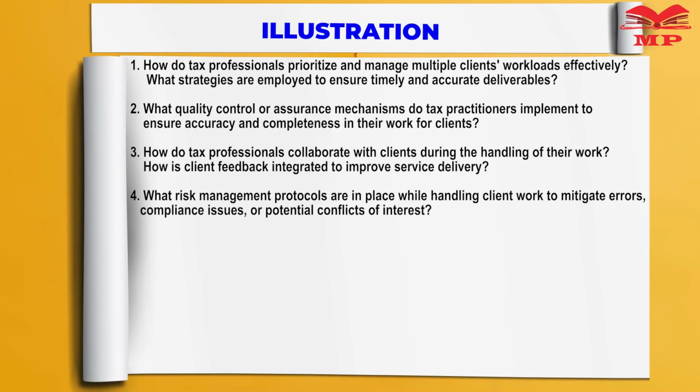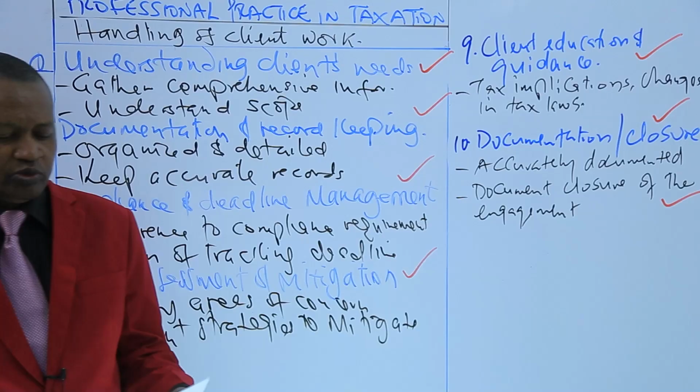Question 3, how do tax professionals collaborate with clients during the handling of their work? How is client feedback integrated to improve service delivery? Number 4, what risk management protocols are in place while handling client work to mitigate errors, compliance issues, or potential conflicts of interest? So that is your assignment.